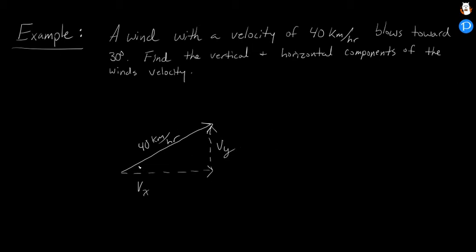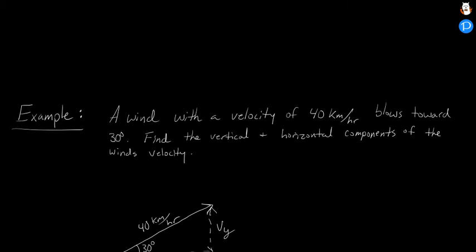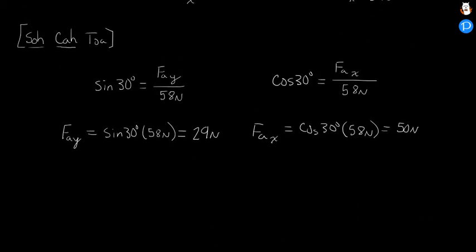Those are my components, and we know that the angle is 30 degrees. And so again, just like I saw up here, for the vertical component, it's going to be the sine of that angle times the hypotenuse.